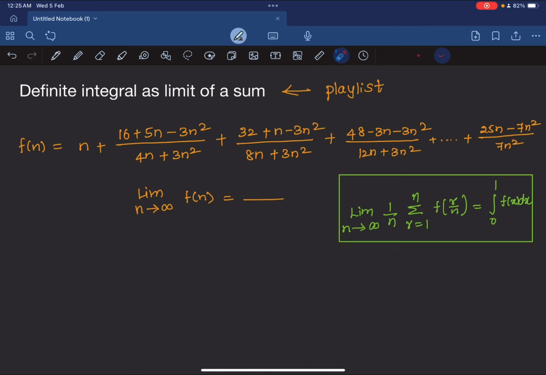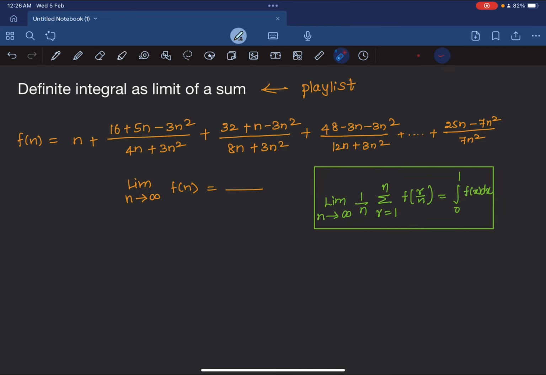Somehow we have to express this f of n in sigma format. We have to find some pattern in the given function. If you observe the numerator carefully, the first term is 16, second term is 32, third term is 48.